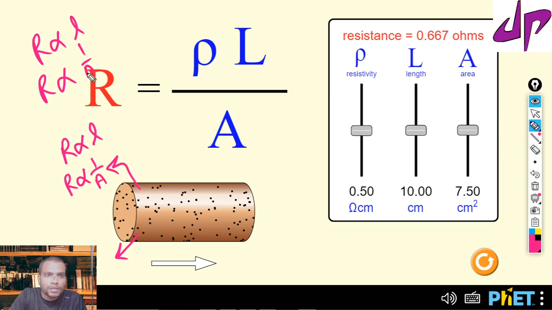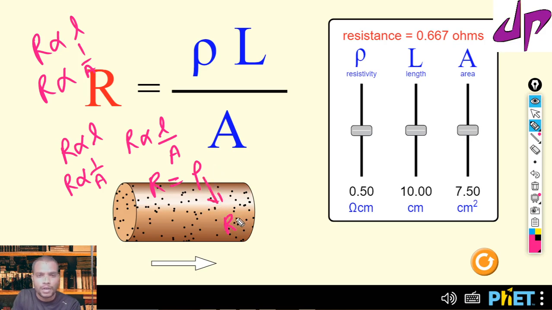If we combine these together, resistance is directly proportional to L upon A. We remove the proportionality symbol and replace it with a constant that we call rho, so R equals rho times L upon A. This formula is from experimental evidence. Here rho is another character, called resistivity.